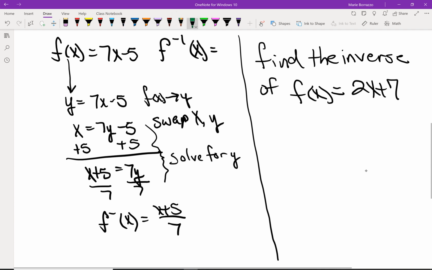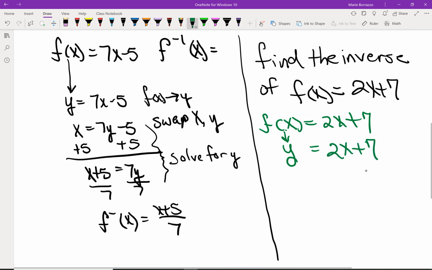So the steps in this one begin with, if I have f of x is equal to 2x plus 7, my next step is to change f of x to y, so y equals 2x plus 7. Here I'm going to swap x and y, so x equals 2y plus 7.